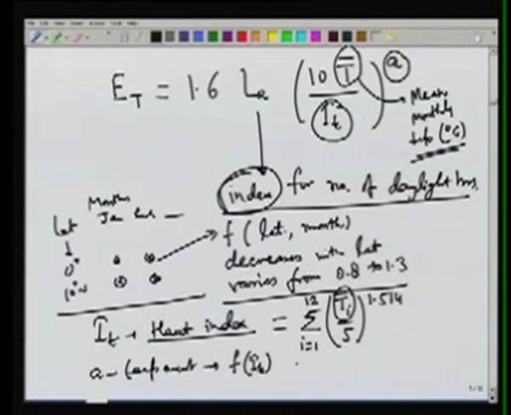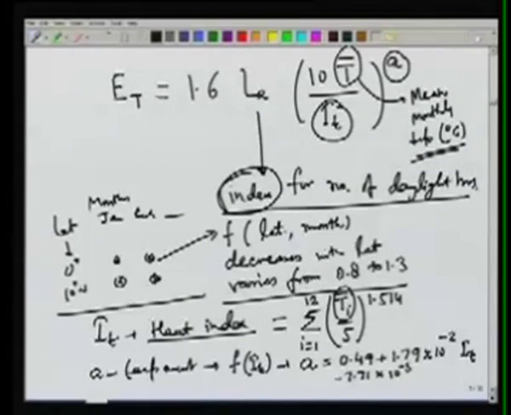It has been found that a can be given as a constant about 0.49 plus a cubic equation, a linear term, then we have a quadratic term, and then we have a cubic term.